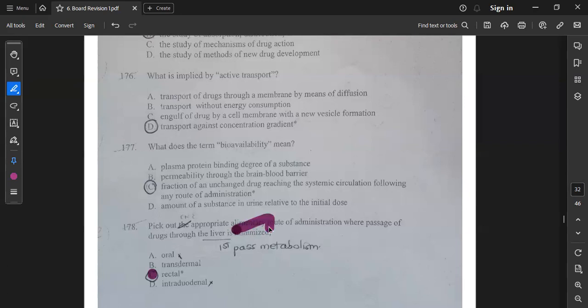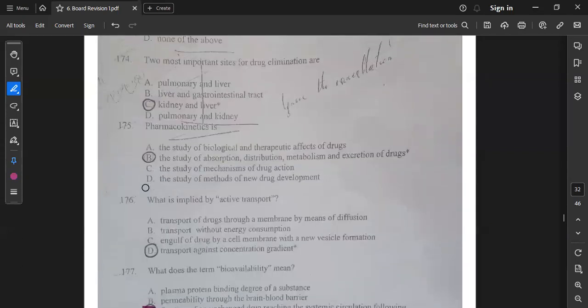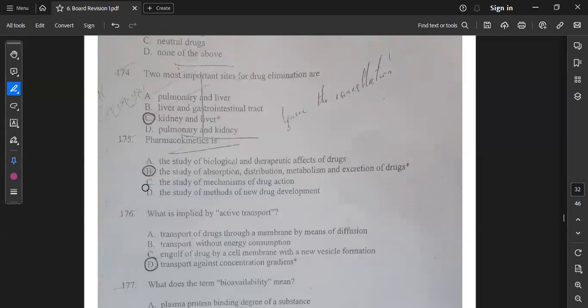What does the term bioavailability mean? Fraction of unchanged drug reaching the systemic circulation following any route of administration. What is implied by active transport? Transport against concentration gradient. Active transport is where you need the transporters.